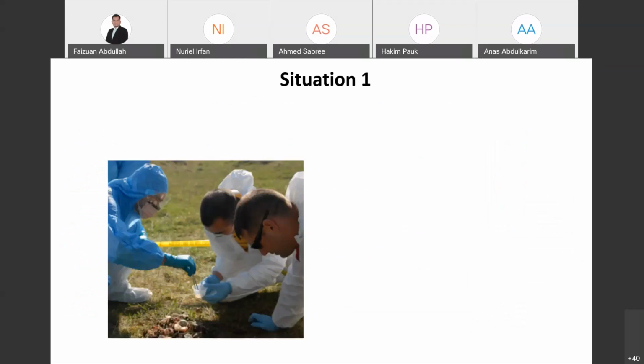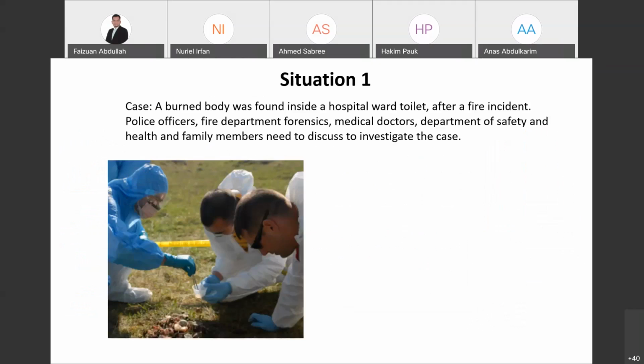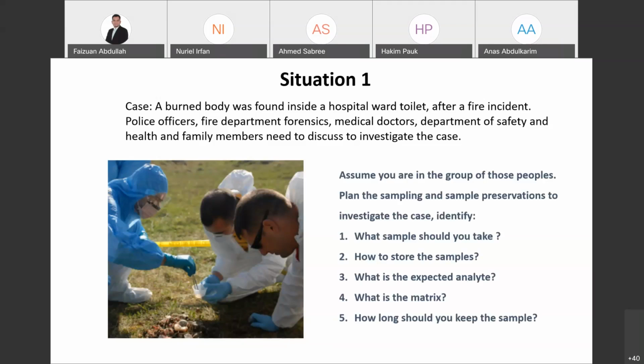This is the situation. In one case, a burned dead body was found in a hospital ward toilet after a fire incident. The police officers, fire department, forensics, medical doctors, Department of Safety and Health, and family members need to discuss to investigate the case. Assume you are in the group of those people. Plan the sampling and sample preservation.